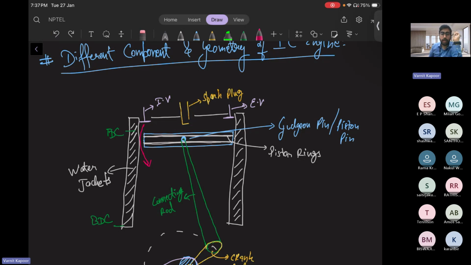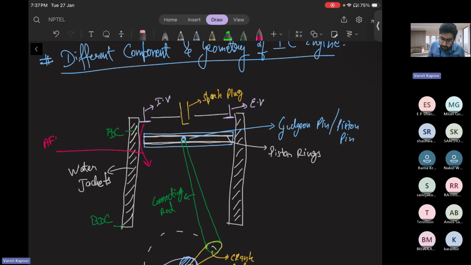This kind of loss is called blow-by loss, where the air fuel mixture has leaked out. It will not compress. It will go downstairs and settle down, which is not at all required. It is a loss of fuel, and fuel is an economic resource which is quite expensive and limited in nature. So what is happening here?